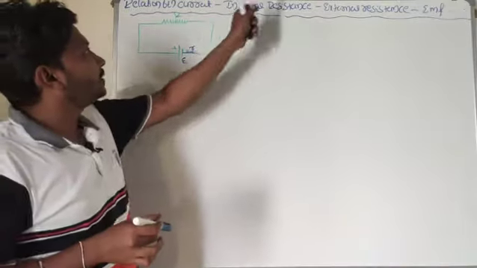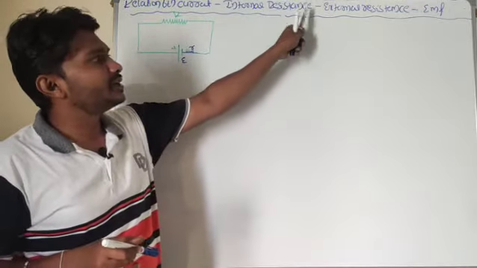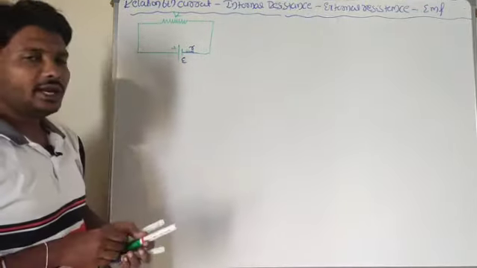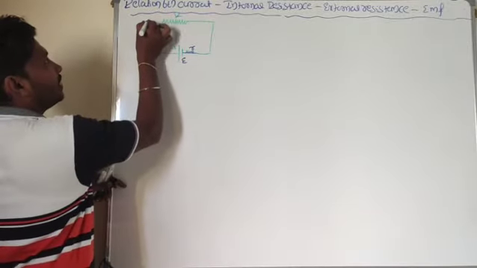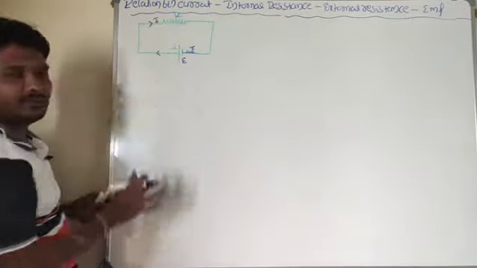Now I have to find out the relation between current, internal resistance, external resistance and EMF of the cell. From the battery, a certain amount of current starts flowing through the resistance here.